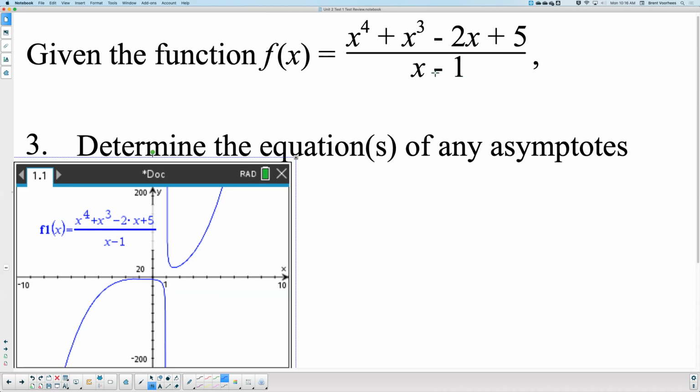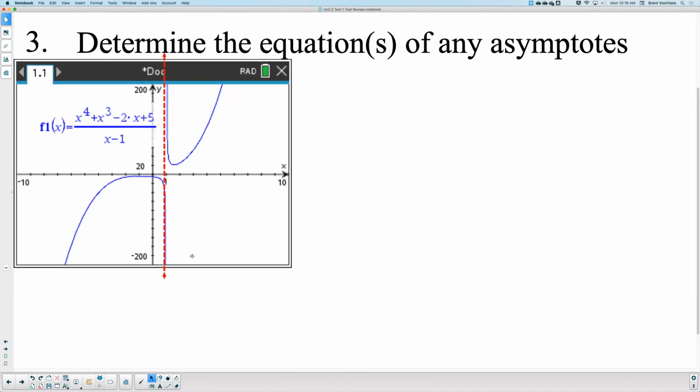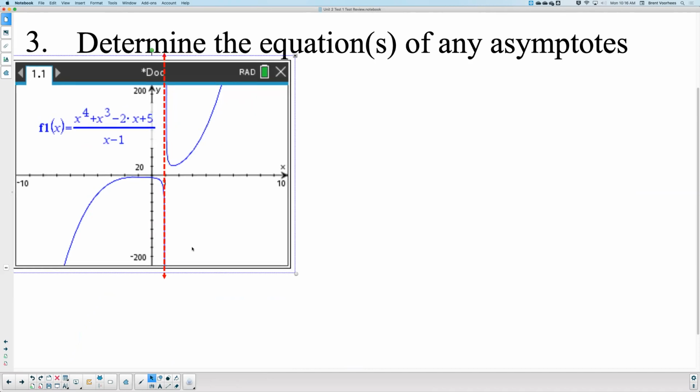But we don't have to worry about that because we already know it doesn't have any zeros, so it cannot cancel out. What can you not divide by? 0. So what value of x would not work for this domain? 1. Notice if you put this on your graph, this would be a vertical asymptote at x equals 1.